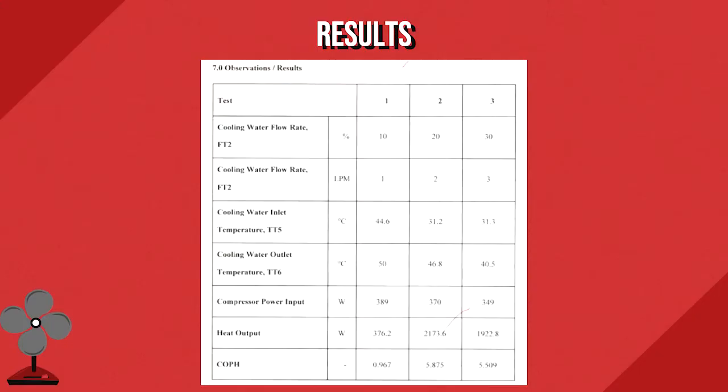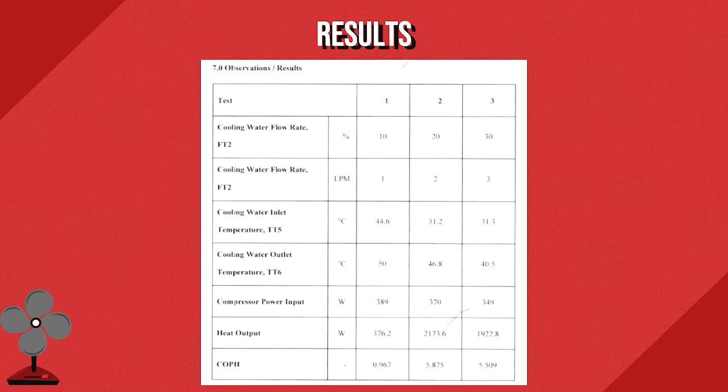Today I want to present about the result. This is the result for the mechanical heat pump. For test 1, for cooling water flow rate FT2 we get 10% and 1 LPM. For cooling water inlet temperature TT5 we get 44.6 degrees Celsius and cooling water outlet temperature TT6 we get 50 degrees Celsius.